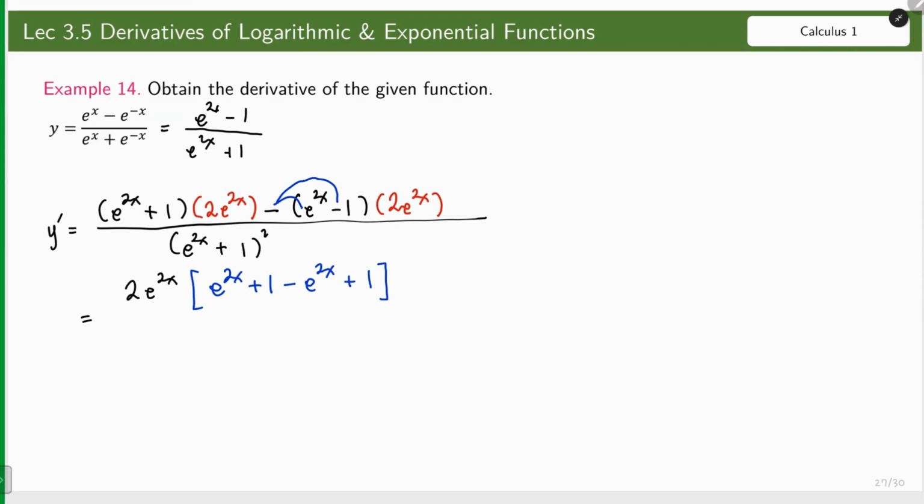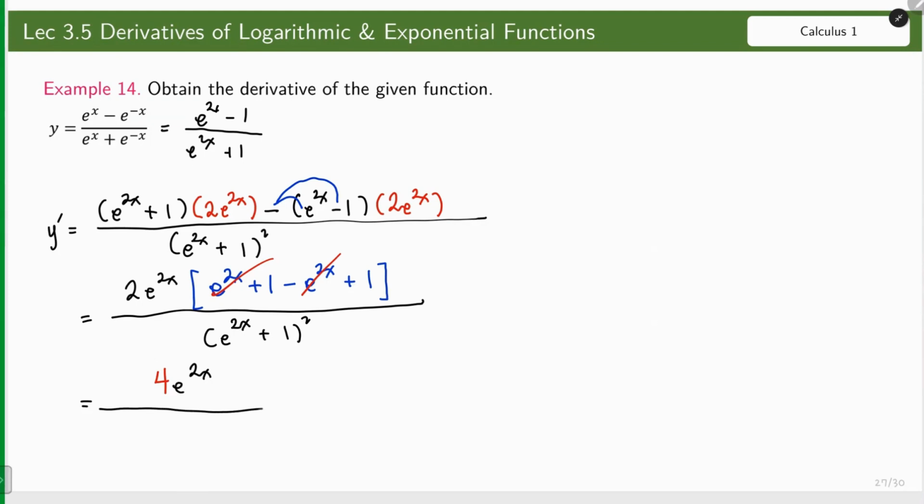And that's it. The resulting derivative would be 2e raised to 2x because this one will already be gone, and we have times 2. So this becomes 4 actually. And then we have this one on the denominator. So this is our final answer.